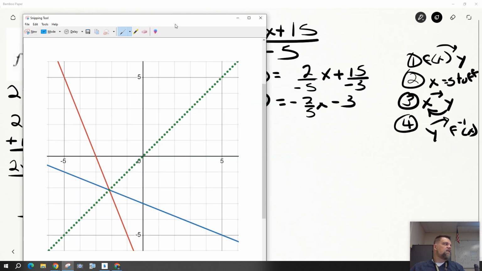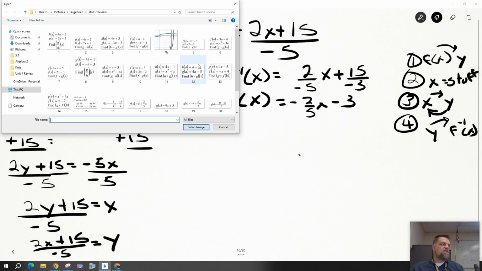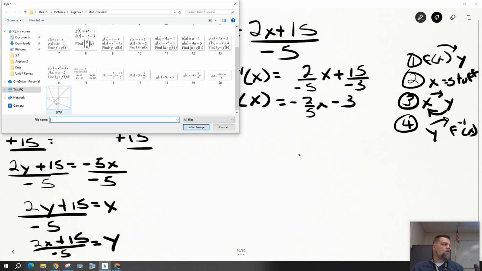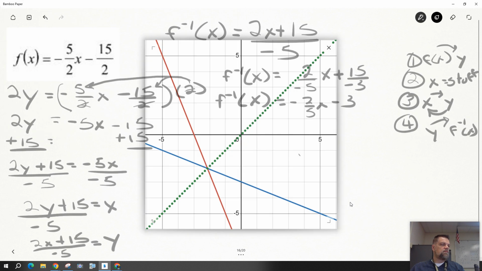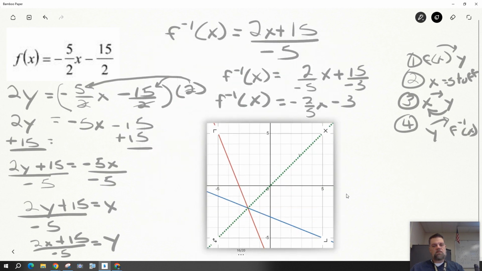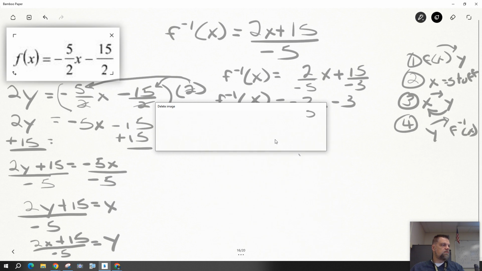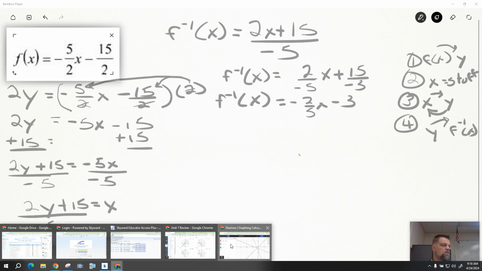But anyways, let's put this on here, because on this particular question they do ask you to find the graph. Oh, I should have done that exactly how they do it. Let me change this real quick. So let me go back in here.